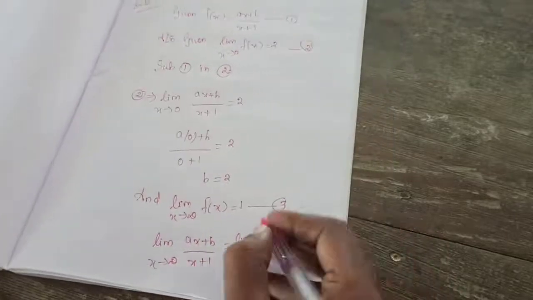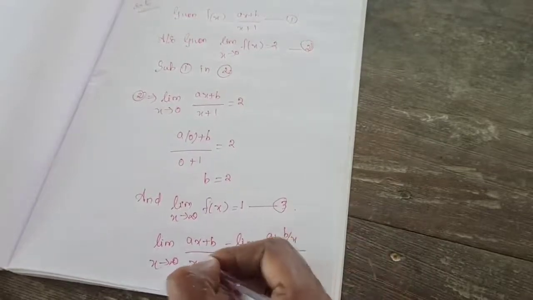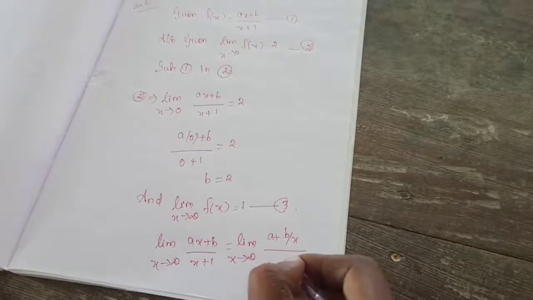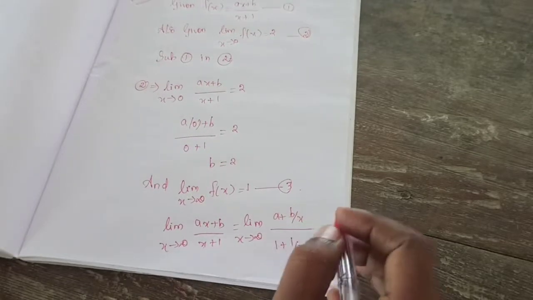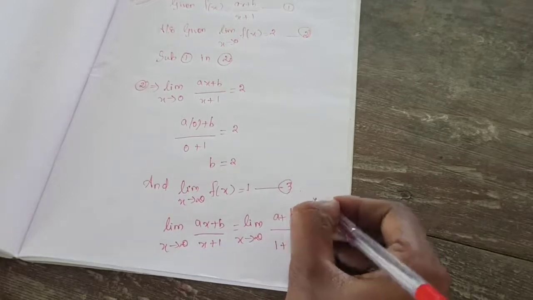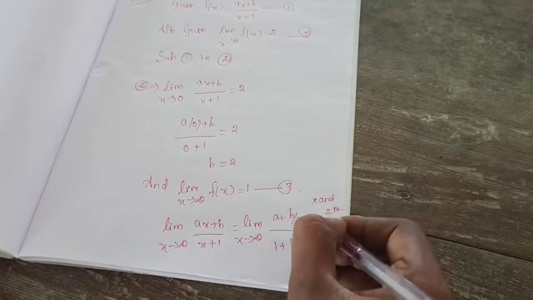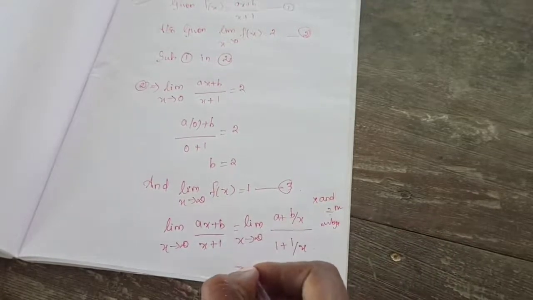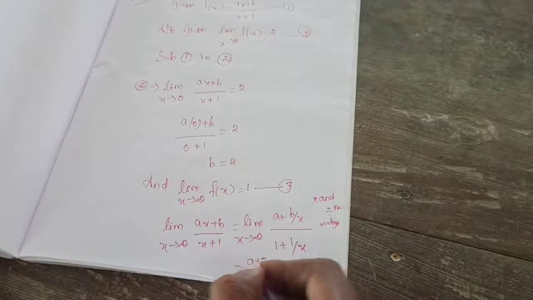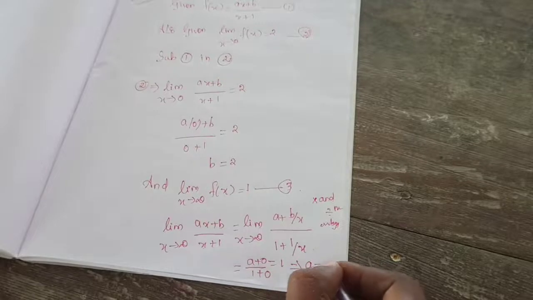Because we can't apply the limit directly, I am going to change it by dividing by x, so that 1 plus 1 by x you will get. Now divide the numerator and denominator by x. What I did? Multiply and divide both numerator and denominator by x. Okay, so what happened? So now you can apply the limit. So you will get a plus 0 divided by 1 plus 0. So for finding the a value we are doing like that.